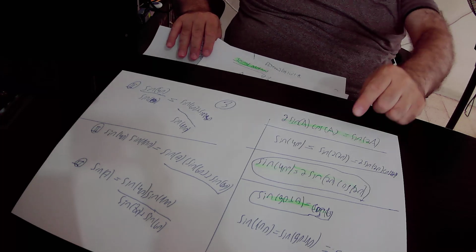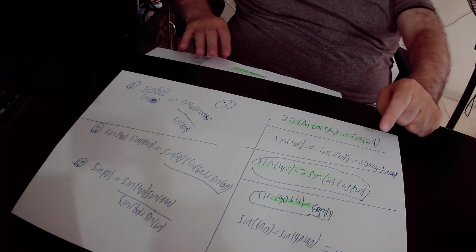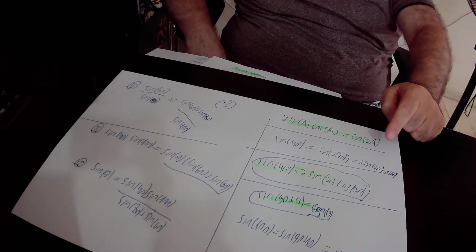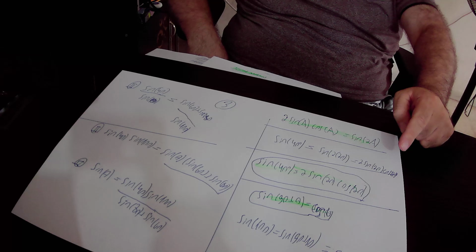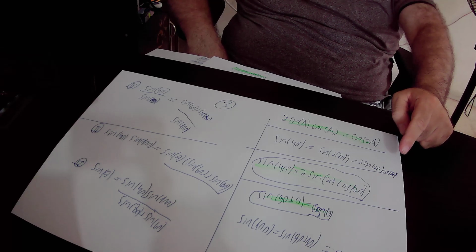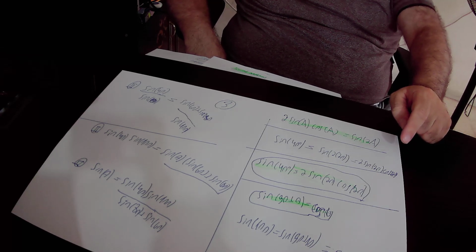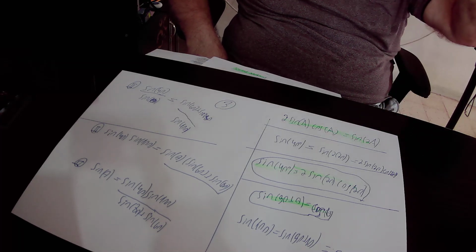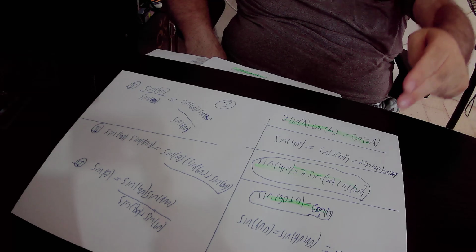Sin 40 degrees equals sin 2 times 20 degrees, which equals 2 times sin 20 degrees times cos 20 degrees. So in conclusion, sin 40 degrees equals 2 times sin 20 degrees times cos 20 degrees.